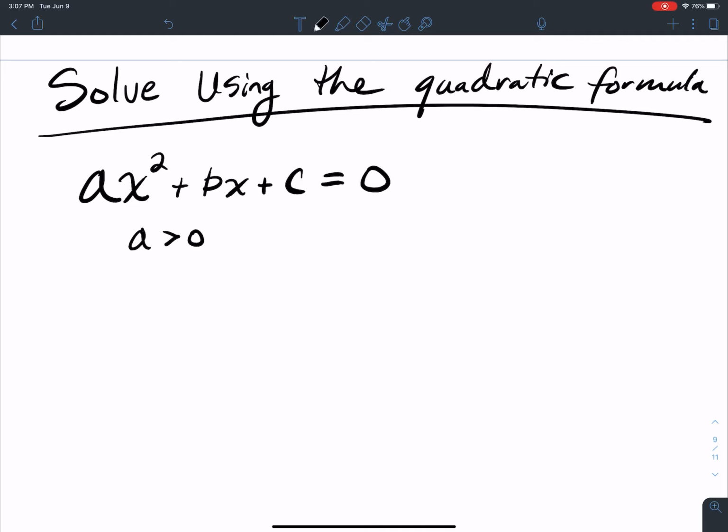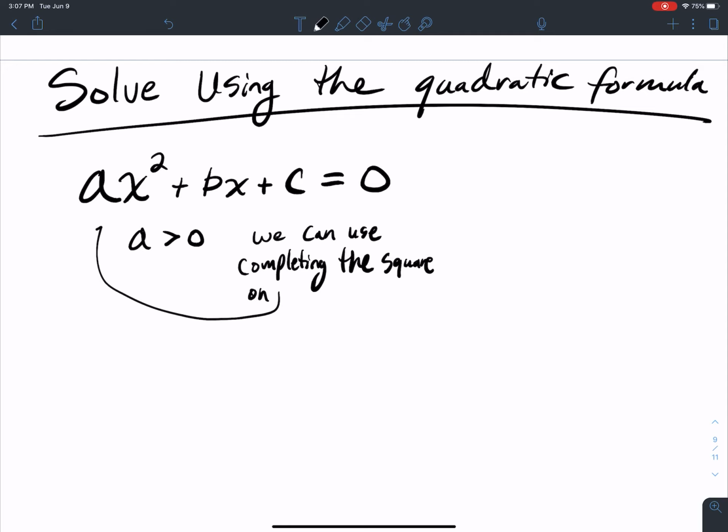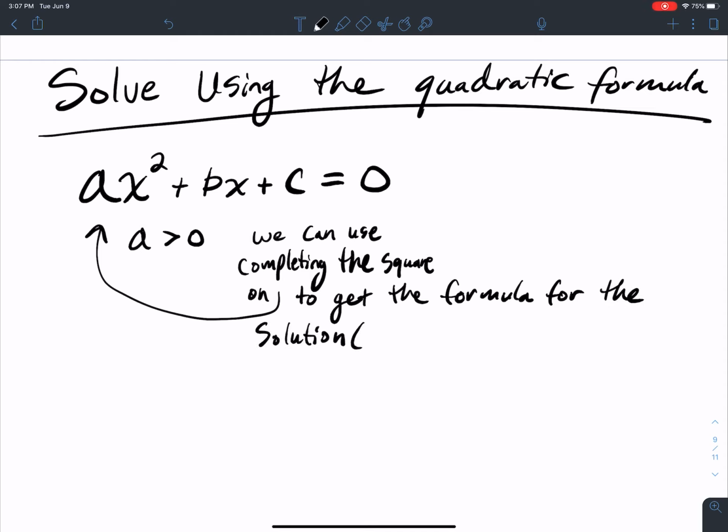And if this is the case, then we can use completing the square on that to get the formula for the solution to the quadratic equation.